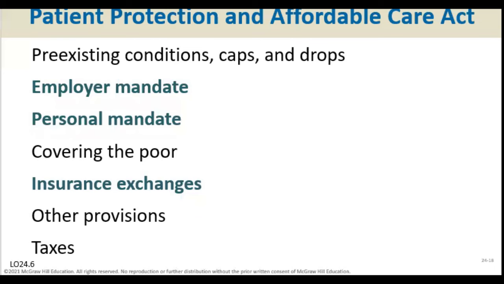Here are some of the highlights for the act. The other provisions can be found in the almost 2,400 pages of the document. If you go to www.healthcare.gov, the federal website managed by the Department of Health and Human Services.